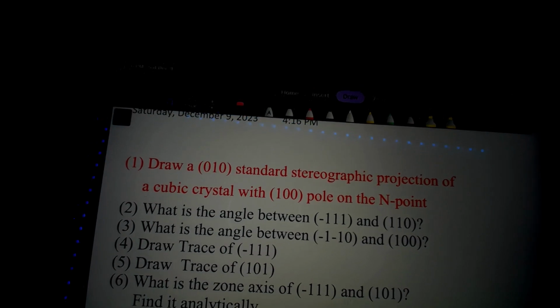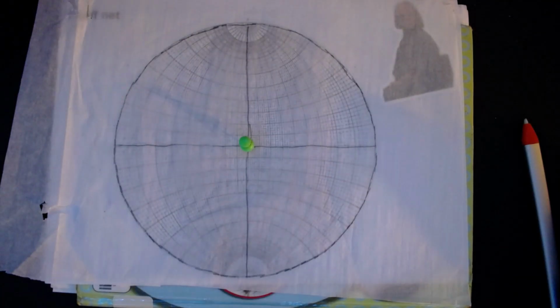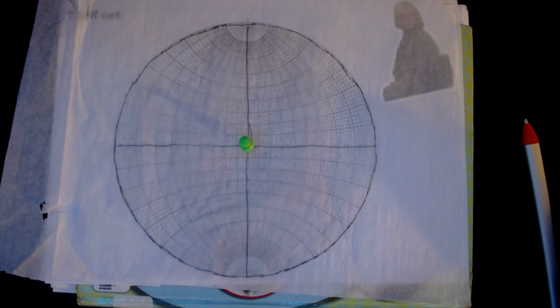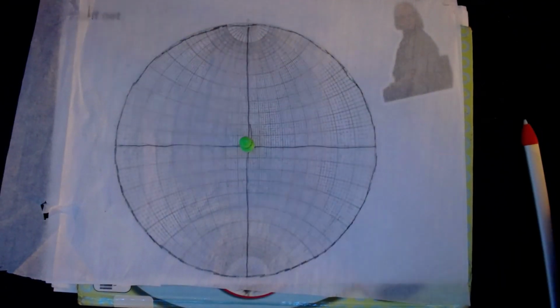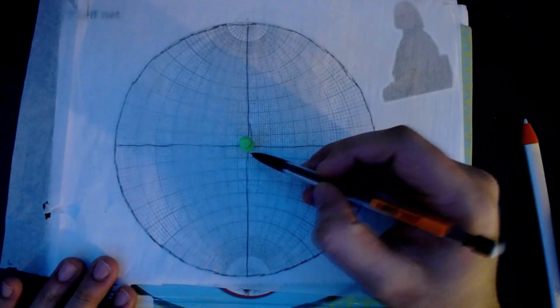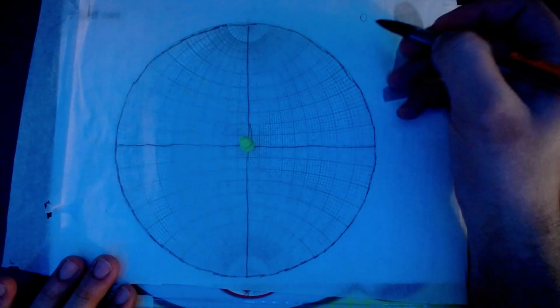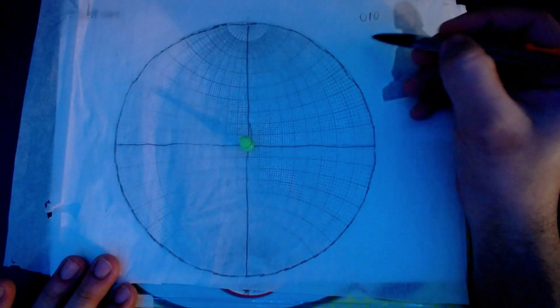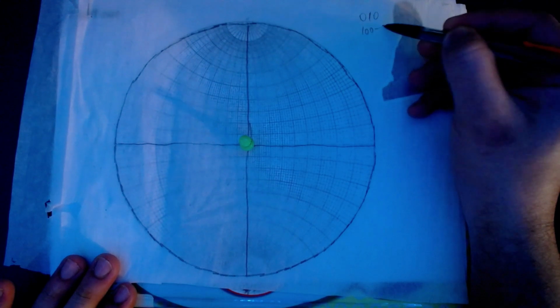All right. Since I've done this several times in the previous questions, I'm just going to quickly run through this. I hope you're able to recall it, and you can also practice doing it by yourself. The question is [010] as a standard stereographic projection, and then the [100] is my north pole.